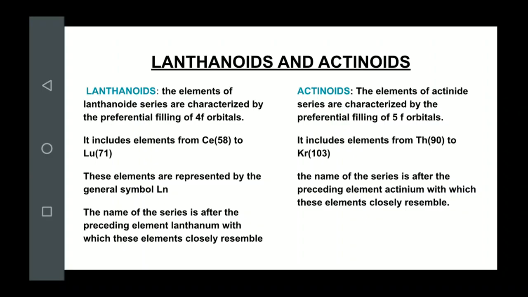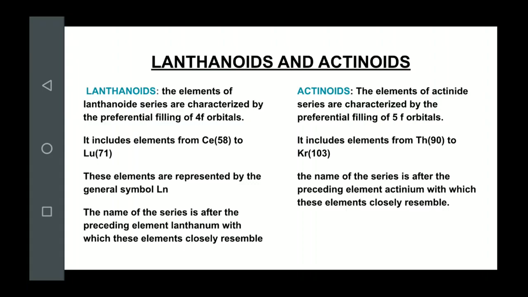It means in all these 14 elements, when you write the electronic configuration, you take the help of the Aufbau principle, the energy diagram for filling of orbitals, and you will find that the last electrons are going into the 4f orbital. It includes 14 elements from cerium 58 to lutetium 71.